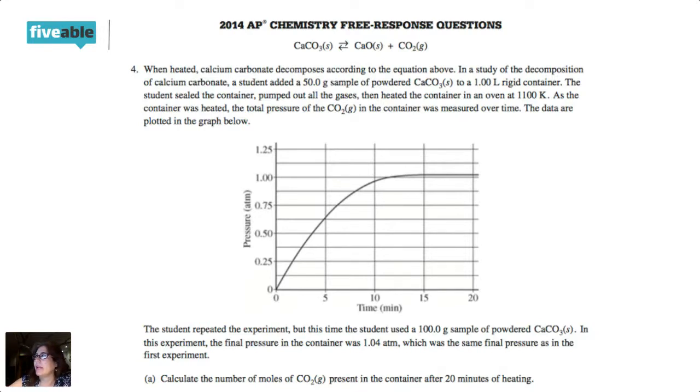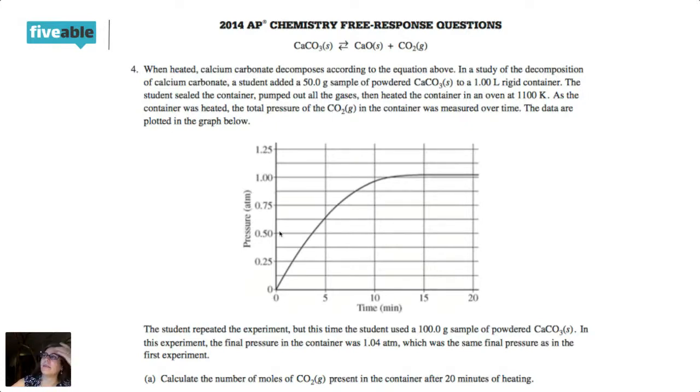And okay, so it says, when heated, calcium carbonate decomposes according to the equation above. In a study of the decomposition of calcium carbonate, a student added a 50-gram sample of powder calcium carbonate to a 1-liter rigid container. The student sealed the container, pumped out all the gases, then heated the container in an oven at 1100 Kelvin. As the container was heated, the total pressure of the carbon dioxide in the container was measured over time.